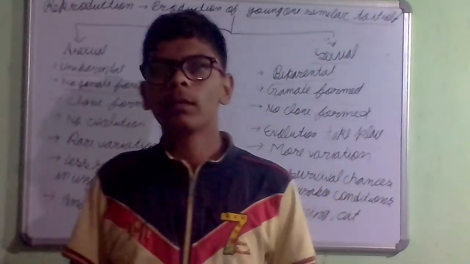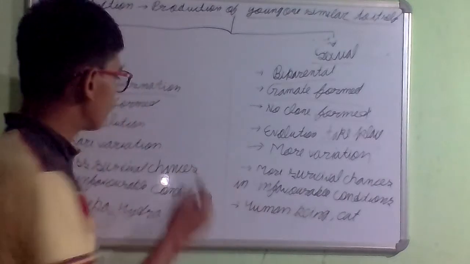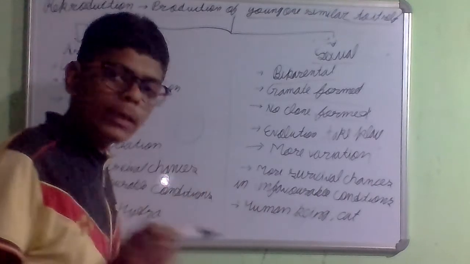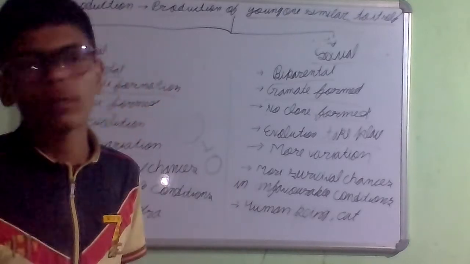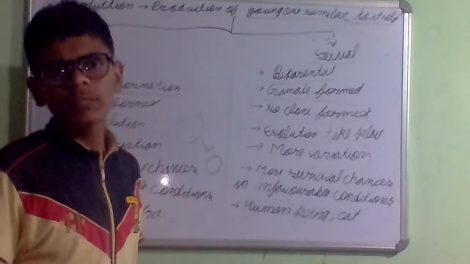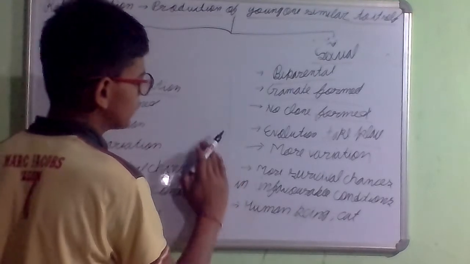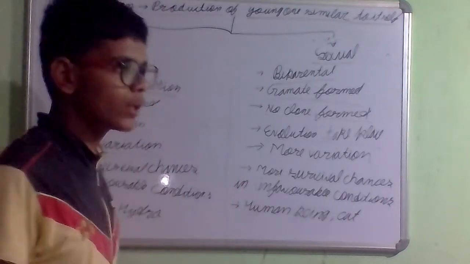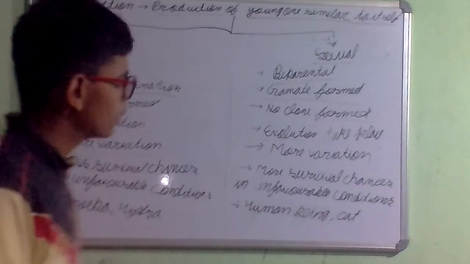If a parent is in circular form, then the offspring will also be circular. We can say this is only an example. It is not compulsory; circular organisms are rare and have rare variation.